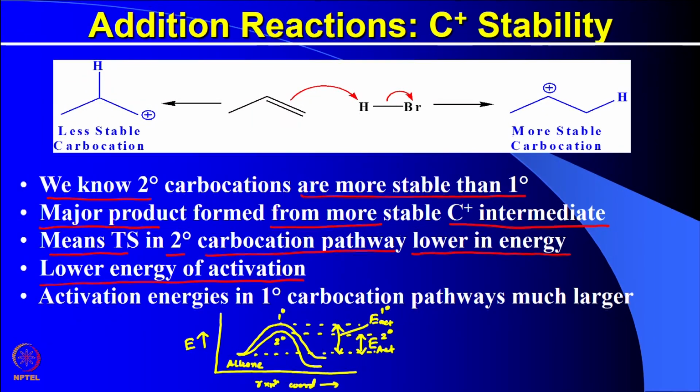Therefore, the product which forms through the 2 degree carbocation is more stable, and it forms in more quantity. Therefore, you get a large difference in the amount of the 2 different addition products.